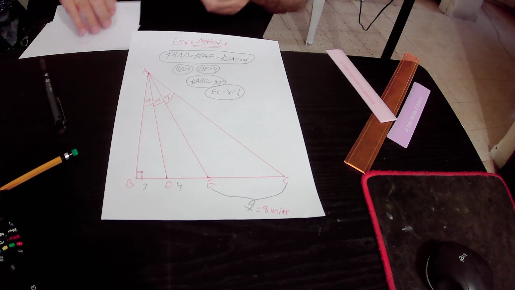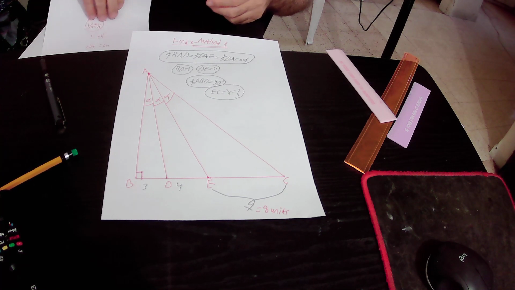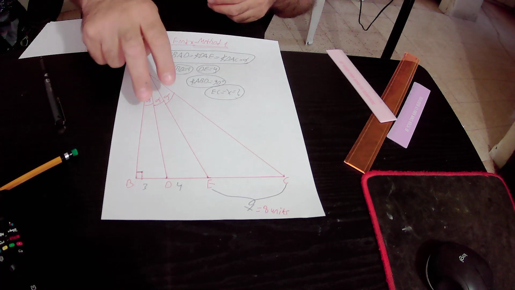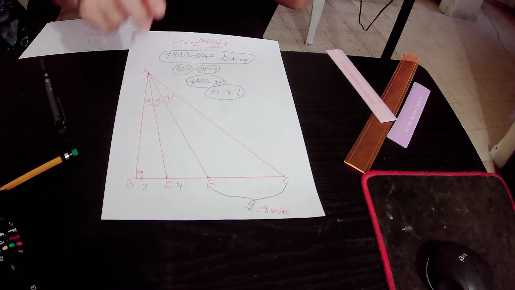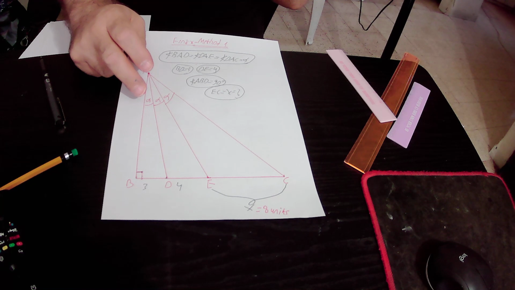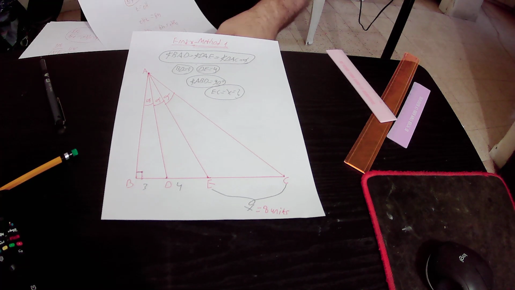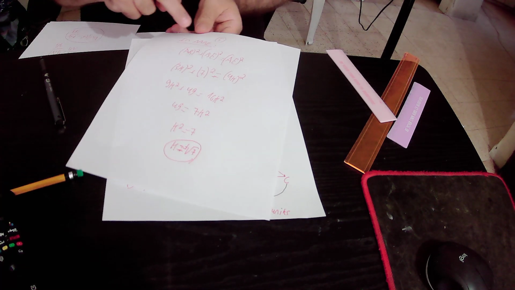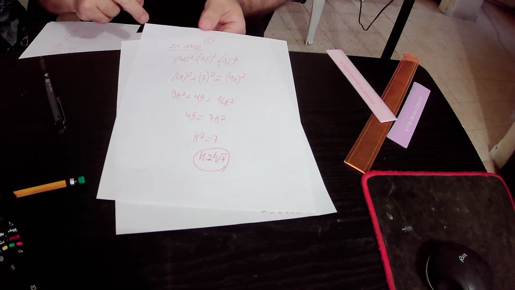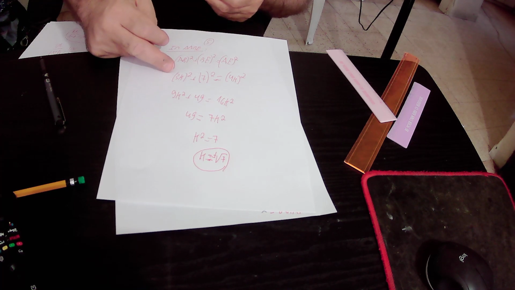So we continue to focus on the right triangle ABE, and according to the Pythagorean theorem, the square of the hypotenuse equals the sum of the squares of the perpendicular sides. That is to say, AB square plus BE square equals AE square. AB equals 3K, so AB square is 3K square.